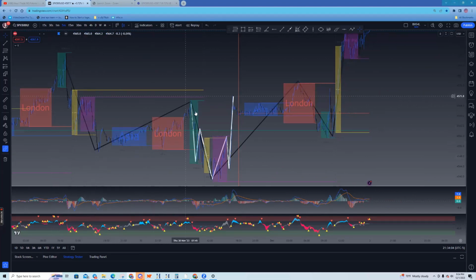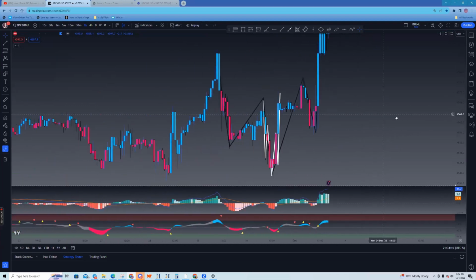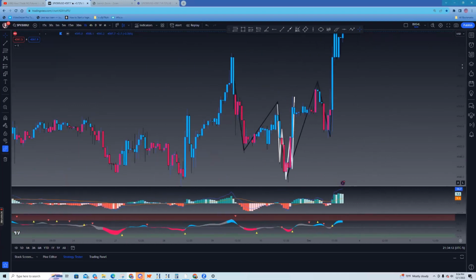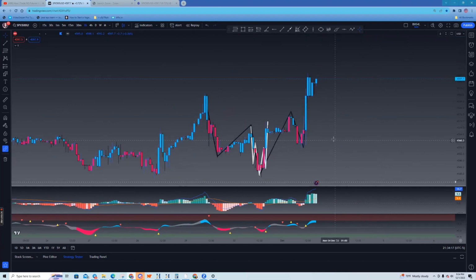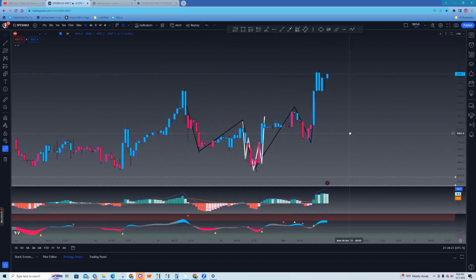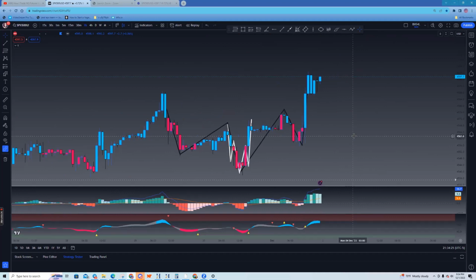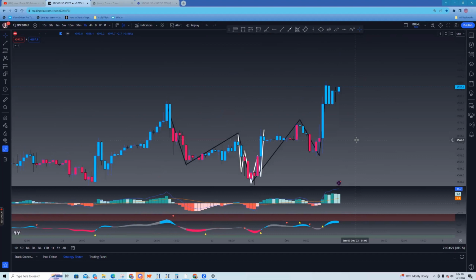But here I have drawn up like a higher time frame one that I was seeing because my go-to now in the market is that hour and 4 hour levels because I do like catching a lot of pips and things like that. It helps me manage my risk as well when I can catch bigger moves.